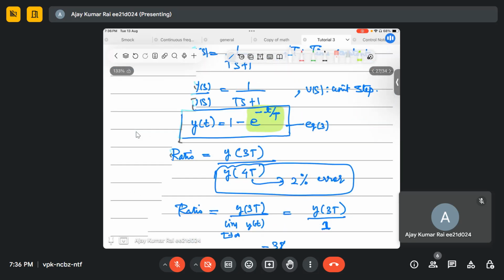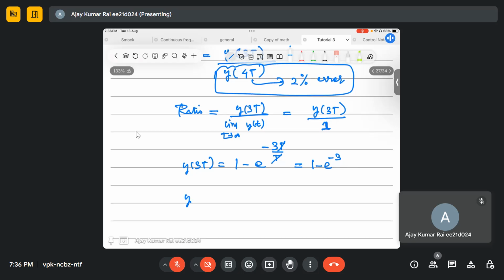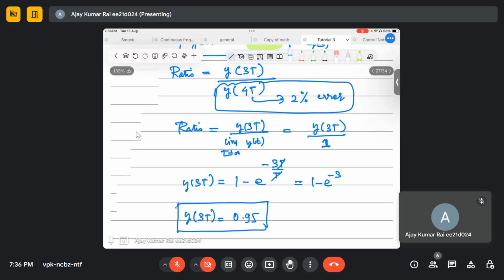What are you getting? I'm not calculating it. It's very straightforward. To get the answer for this, you have to find out 1 minus e raised to power minus 3. So I'll directly write the answer. I think it is 0.95. You calculate it.